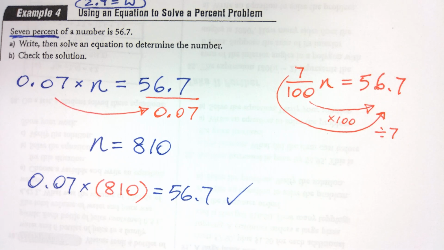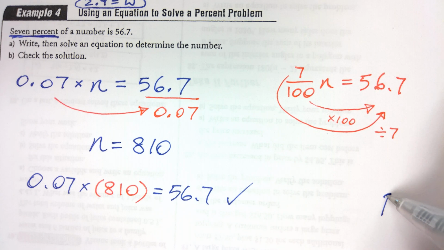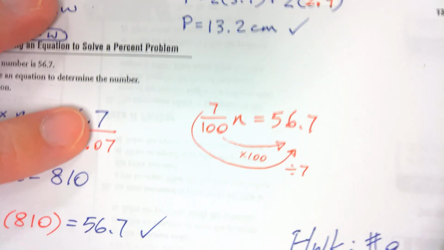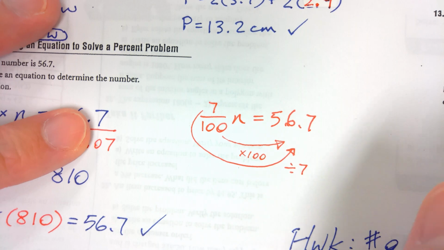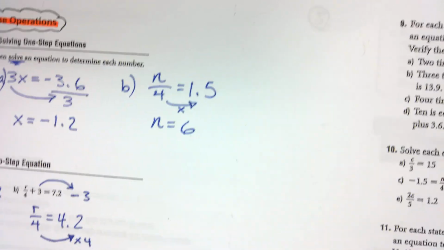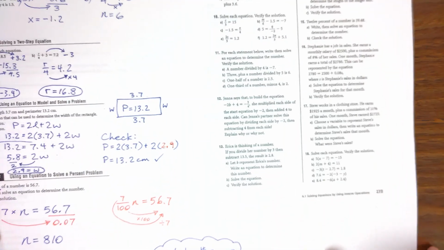So that's why in the homework, this long weekend that you guys have, make sure you do try all the word problems here. Homework is going to be number 9 to number 22. To save paper, notice I have 2 pages on one.